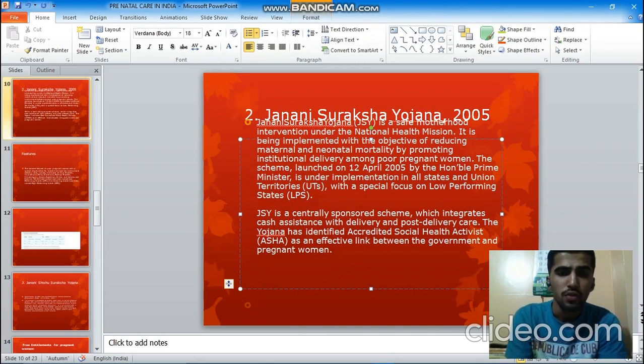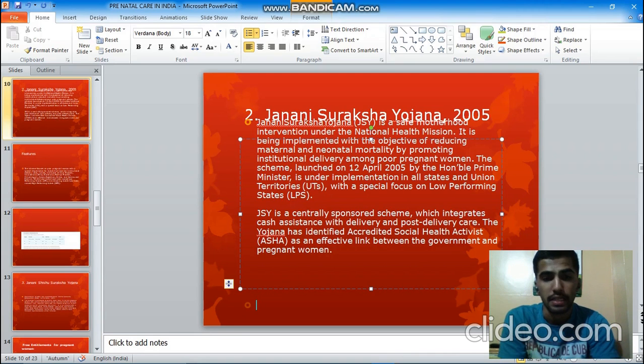So Janani Suraksha Yojana is a centrally sponsored scheme which integrates cash assistance with delivery and post-delivery care. The Yojana has identified the accredited social health activist, ASHA, as an effective link between the government and pregnant women.